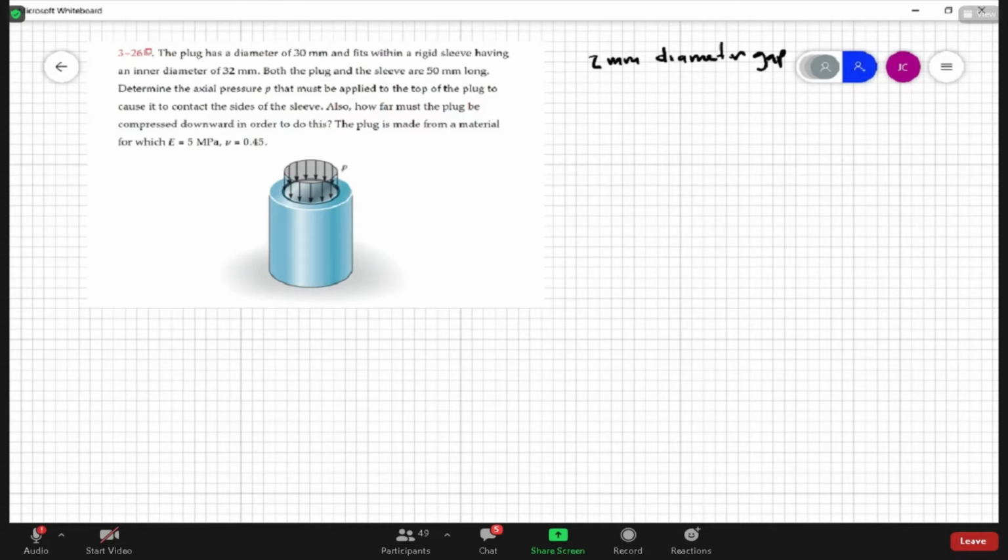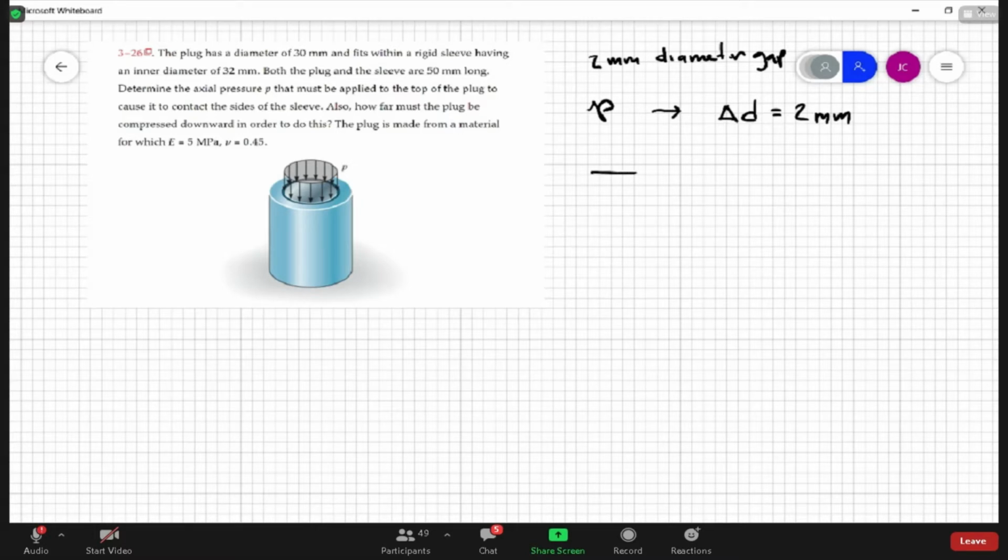They want you to find out how much force P has to be applied till that inner plug expands diametrically that 2 millimeters and touches the outer sleeve. Does that make sense? So find P that gives you a change in diameter equal to 2 millimeters.